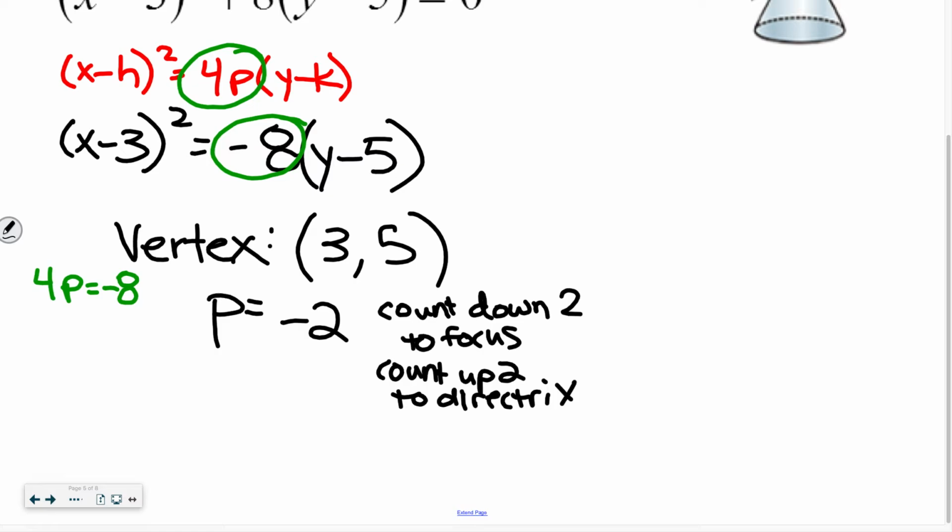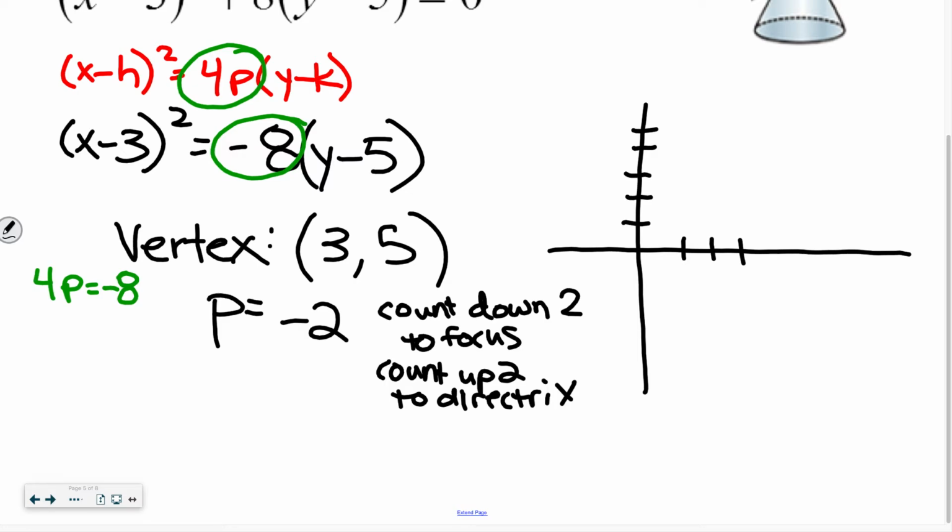Okay, well, I'm going to draw a graph. Here's my vertex, 3, 5. I like to label some of my points with V's and F's so I remember which ones are vertices and which ones are foci. I'm going to count down 2 to the focus, so that's just going down 2.